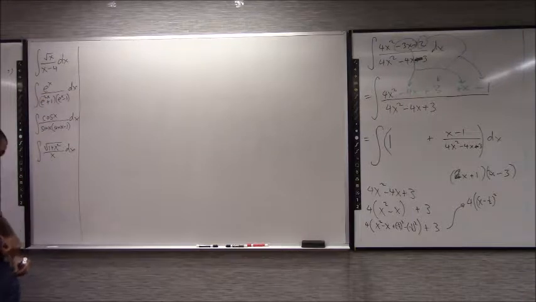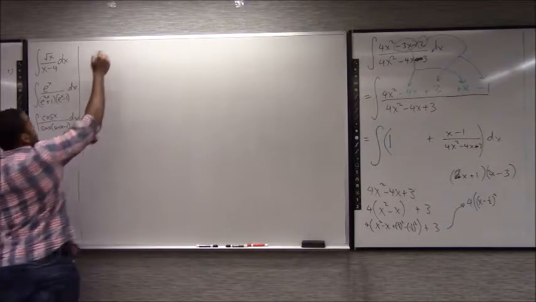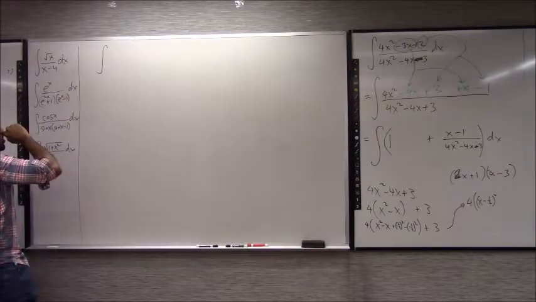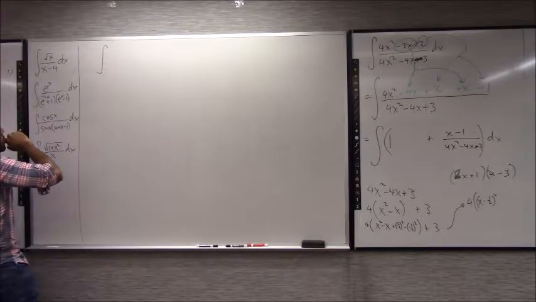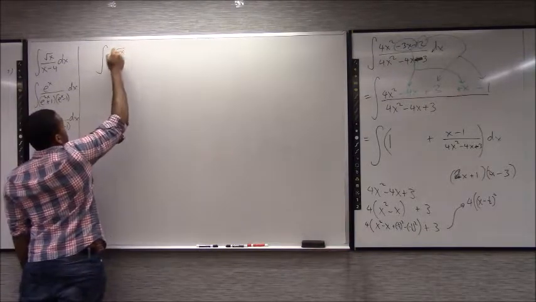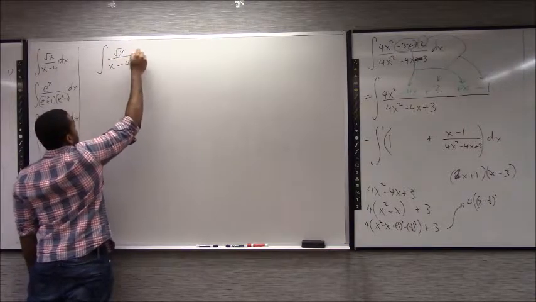Ideas for this one? Rewrite root x as x to the half. Okay, and then what?